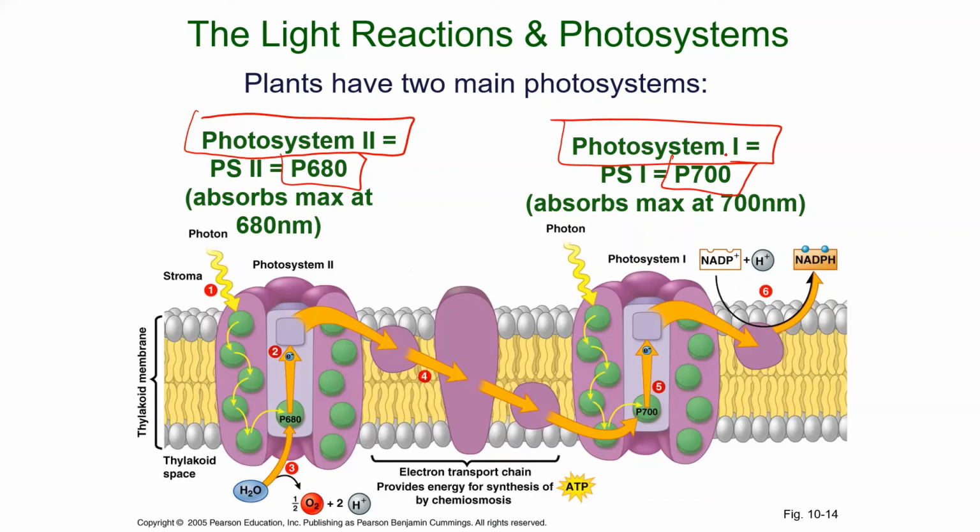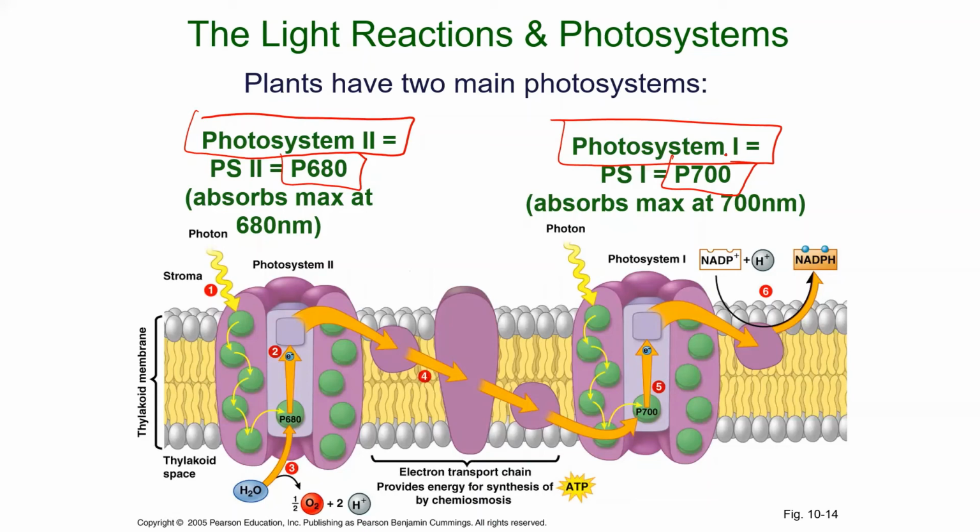So there's a whole bunch of steps here, and I'm going to break this down over the next few slides. But very briefly, I'm going to tell you what's happening here, and then we'll go over it again. Light hits the chlorophyll, so hopefully that part is obvious. But then what happens? Like I said, we've got electrons, and electrons are eventually going to get ripped off some chlorophyll, and I'll come back to that water in a second.